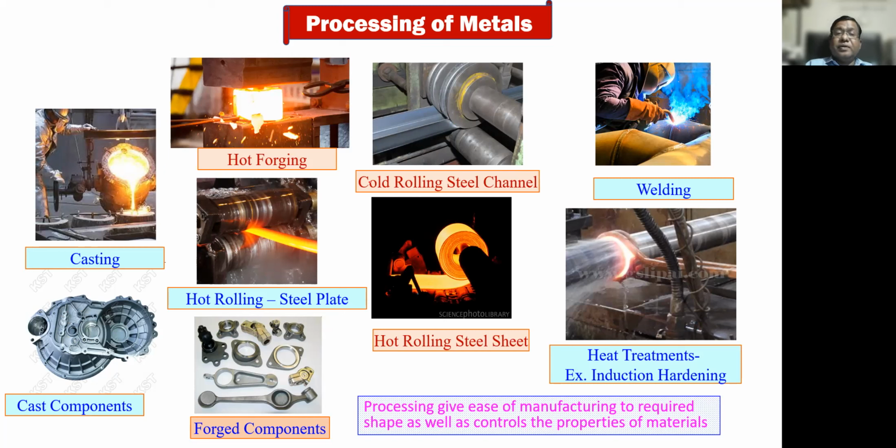There is a science behind it, and it is decided on the basis of recrystallization temperature. If working of metal is above its recrystallization temperature, that is hot working. And if working of metal is below its recrystallization temperature, that is cold working. Cold rolling is one of the cold working processes.